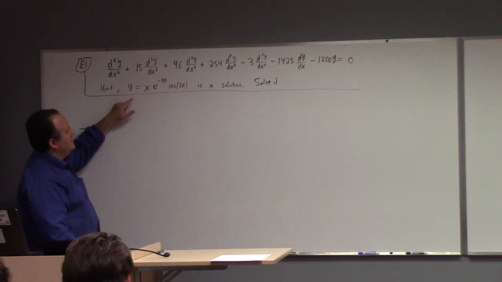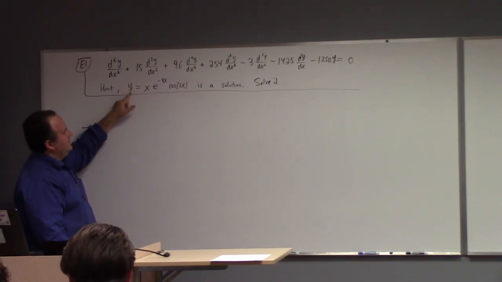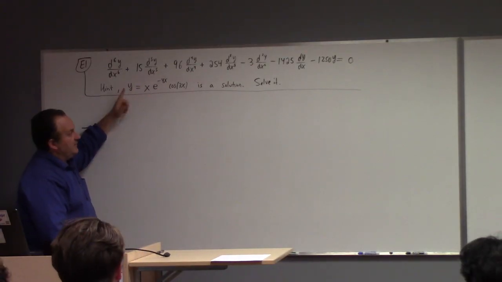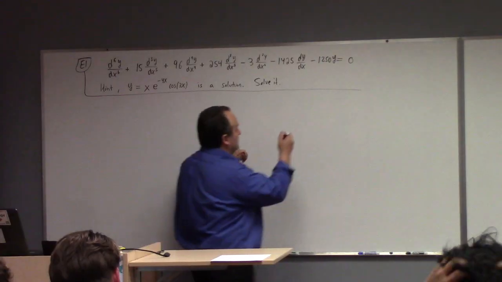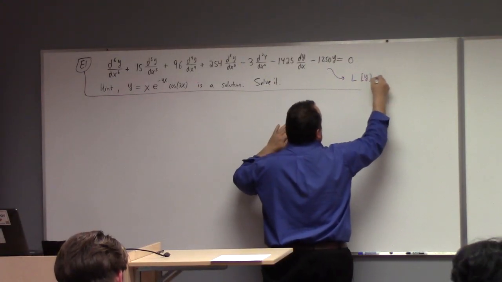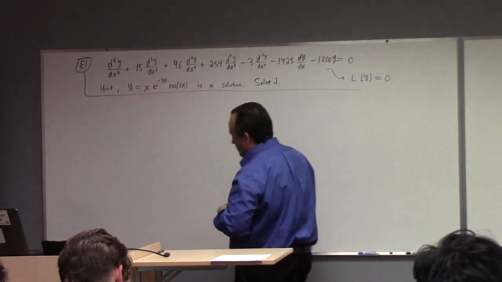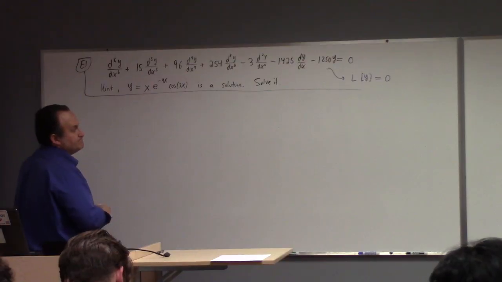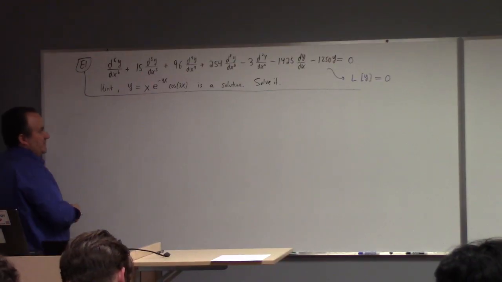So you guys tell me, if this is present in the solution set, what does that tell you if I was to rewrite this monstrosity as L acting on y is equal to 0, right? What does that tell you about L? It has to have an imaginary root somewhere, right?